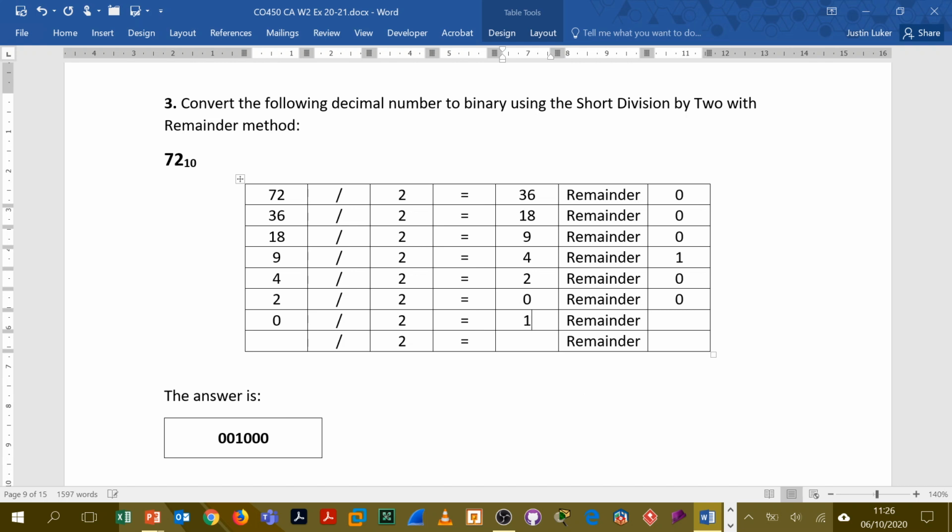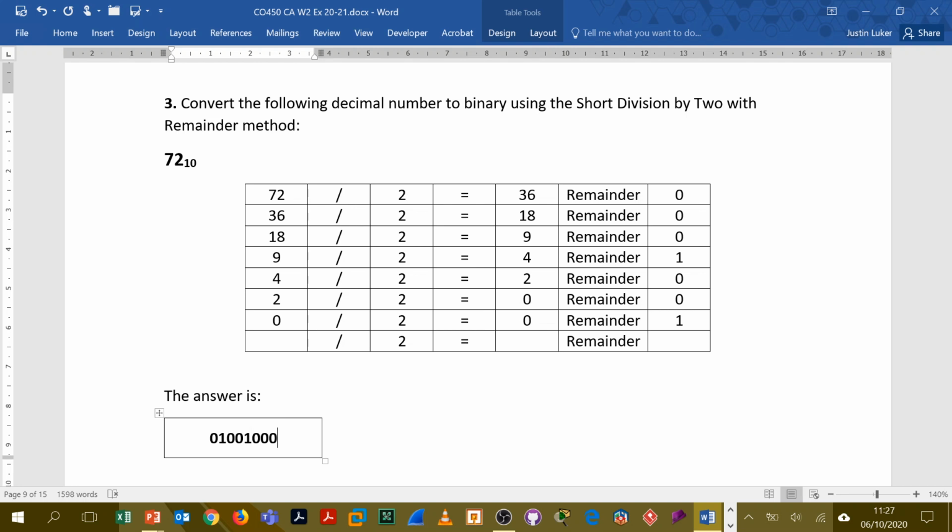Sorry, we would see that as 1 actually. 0 with remainder, I would say that's remainder 1. And after that, as soon as we get below 1, then we can just put in the final 0.